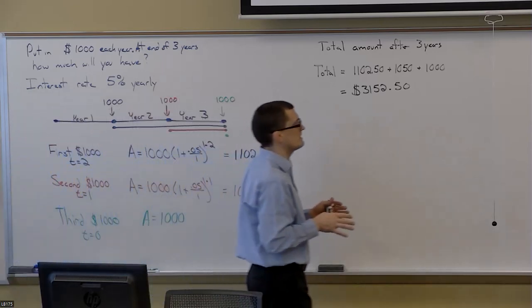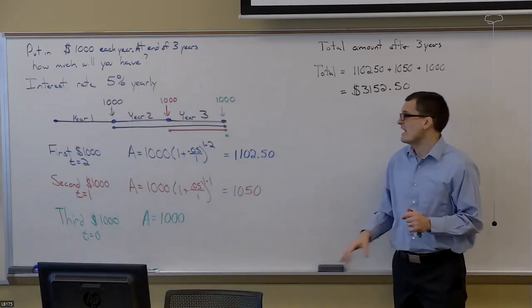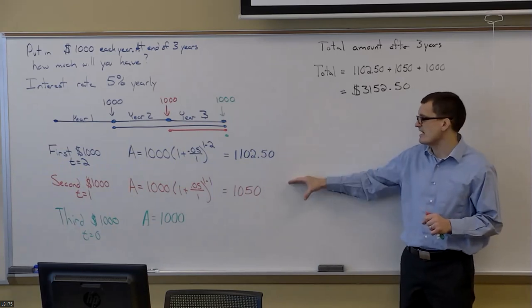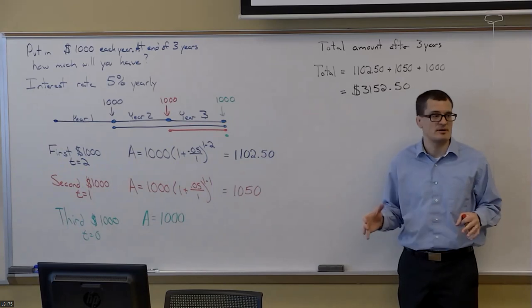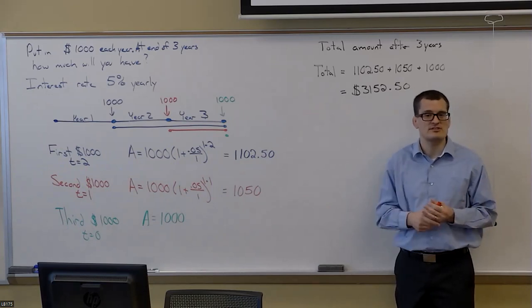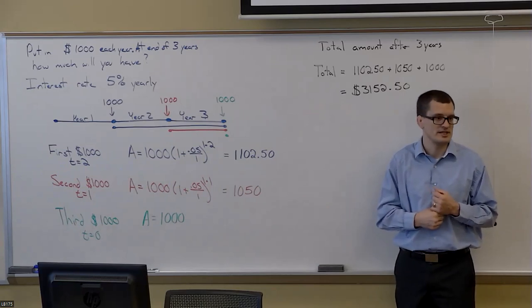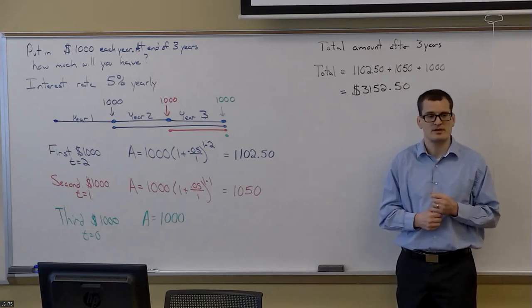Now, you can see, hopefully, that this approach, where we take lots and lots of lump sums and add them up, that's actually going to give me the total value of what we call an annuity. All right.